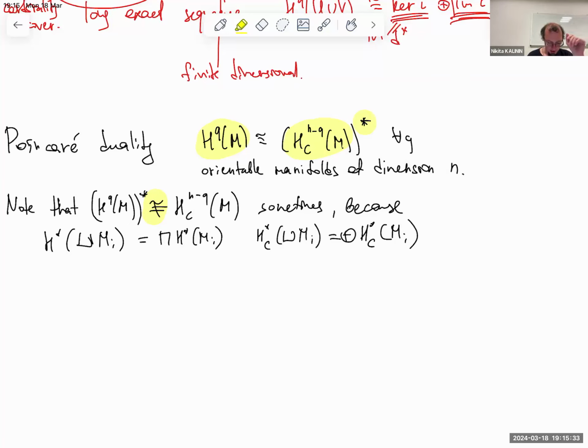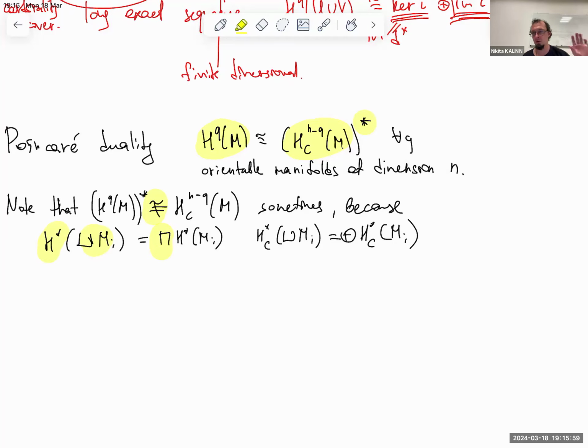Because usual cohomology of a union of manifolds is just a product. For example, what is zeroth cohomology? It's just locally constant functions. For each manifold in this disjoint union, we may have a non-zero function.